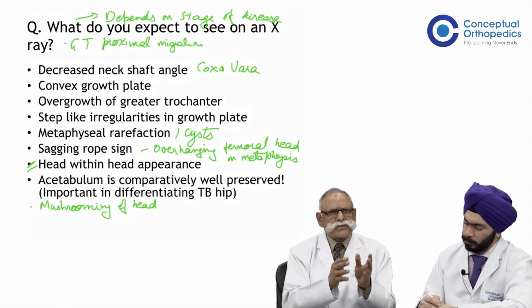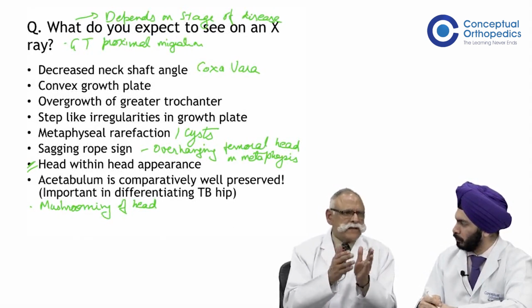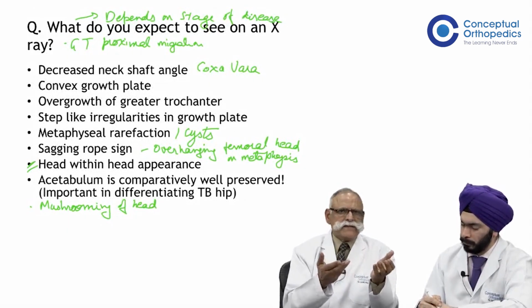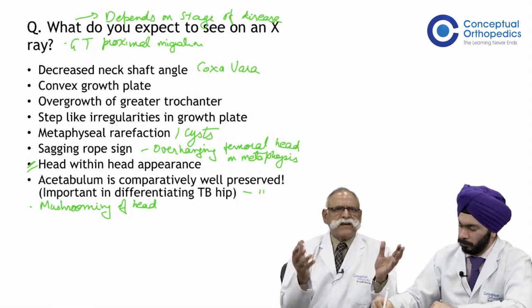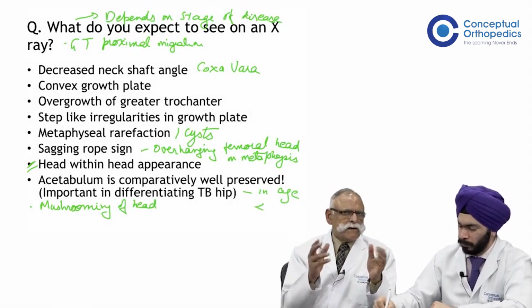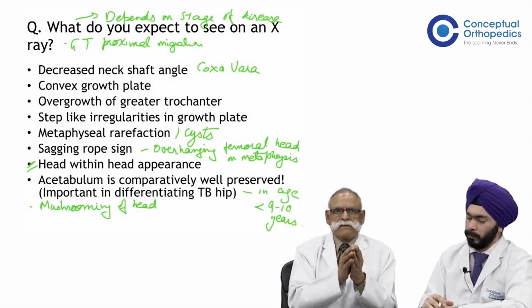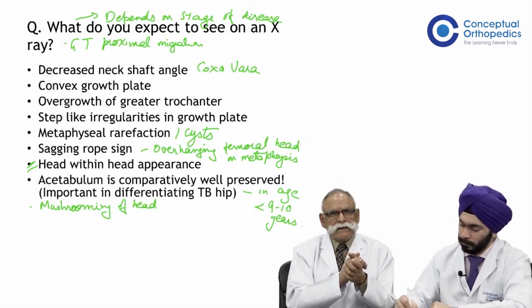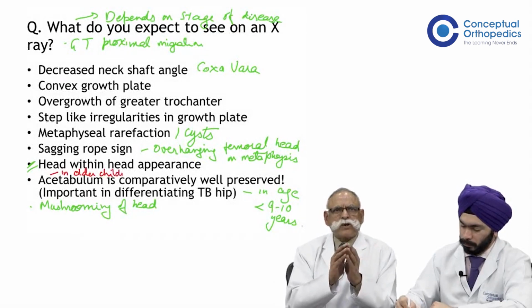In most of the cases, emphasizing again on the age of the patient, that is below 10 years or 9 years of age, the acetabulum is comparatively well preserved. Acetabulum is not involved. But in older children, you see, there is a phenomenon known as biological plasticity.